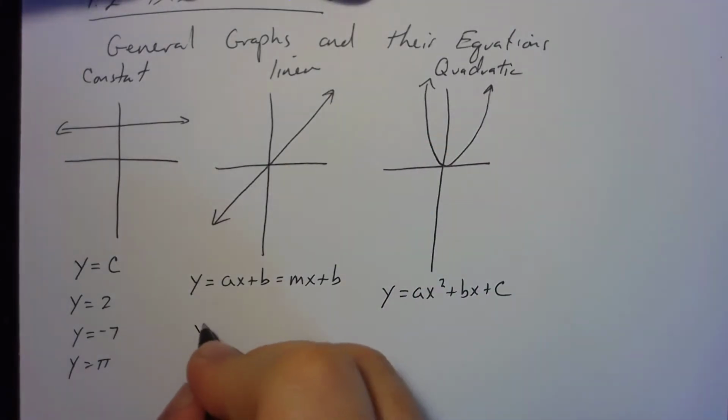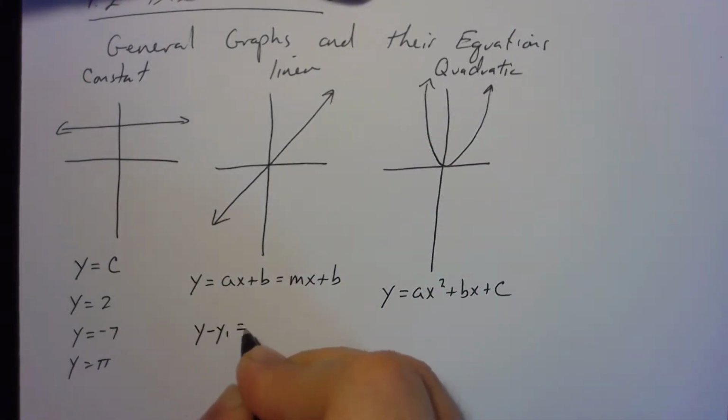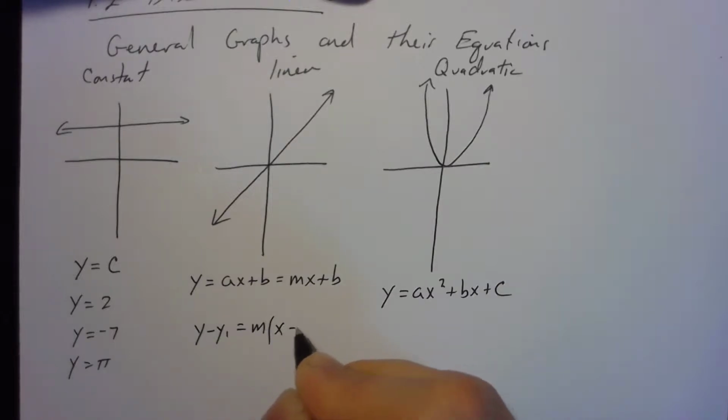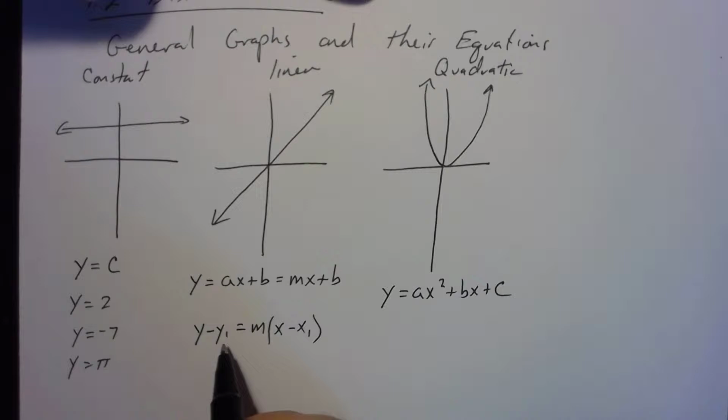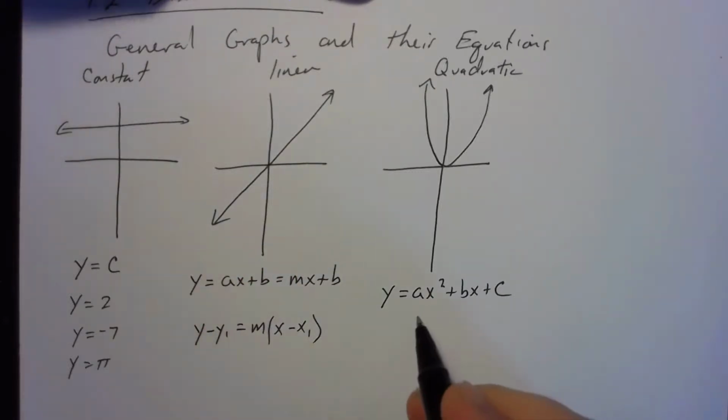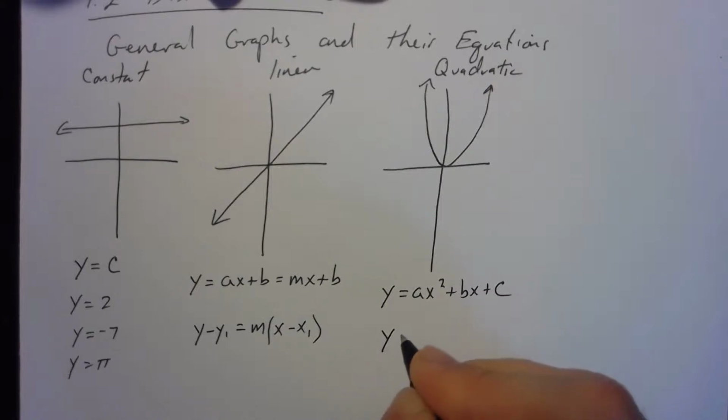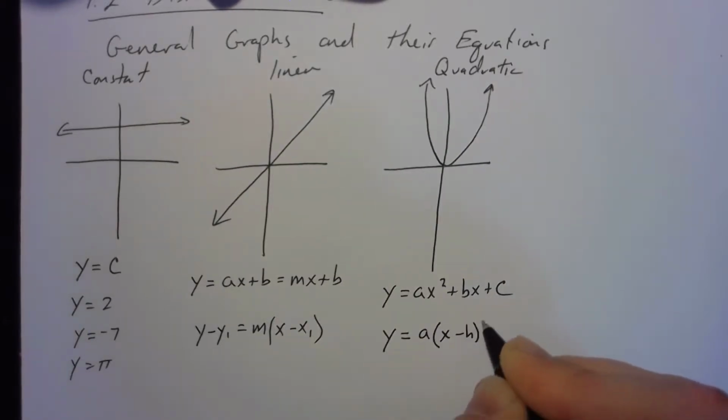The linear equation has a format that looks like this, such that x1 comma y1 is going to be a very specific point somewhere on that curve, and m is the slope. Over here, we change this one to be y equals a(x minus h) squared plus k.